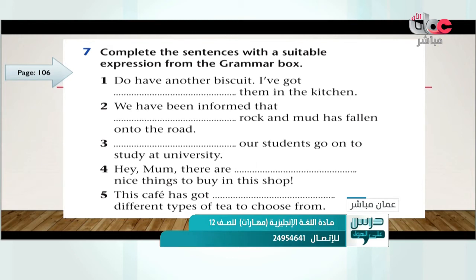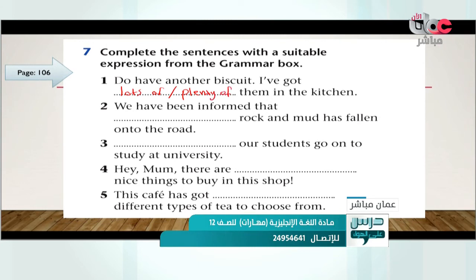So this is not a question, this is an imperative sentence, like saying, please take another one. So the best answer for this sentence is lots of or plenty of, which means many.